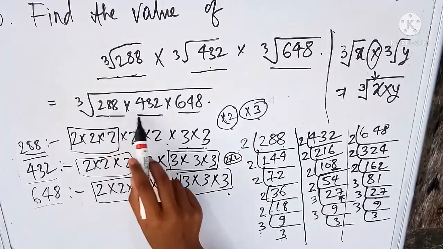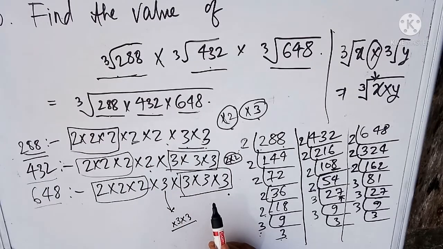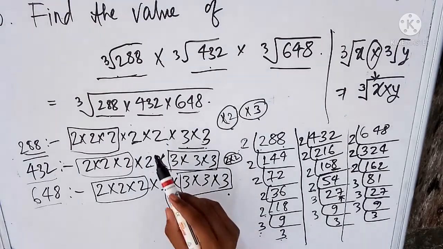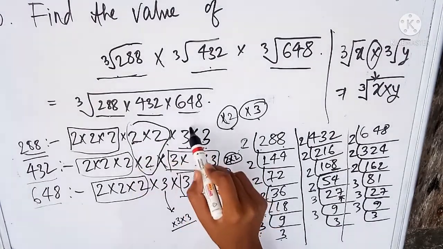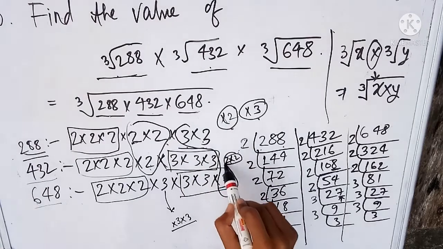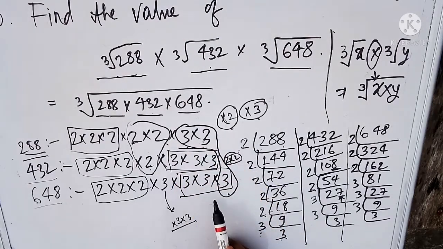So by multiplying all the numbers in one place, you can make the combination of every number. Like here, this 3 2s will make one combination, and this 3 times 3 will make one more combination. So if you multiply all the numbers, you can get the perfect cube.